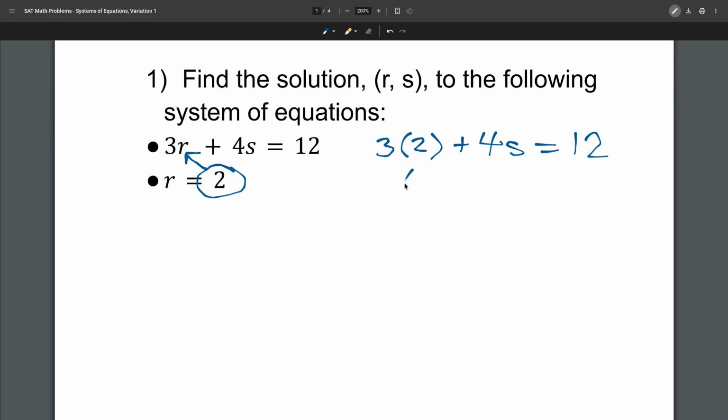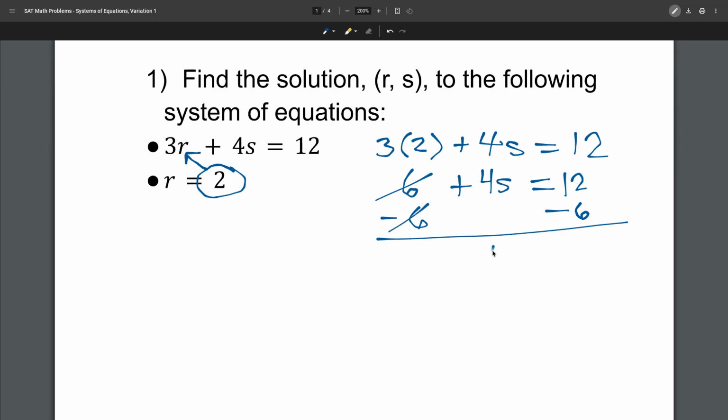So 3 times 2 is 6. So we have 6 plus 4s equals 12. We're then going to subtract 6 from both sides. These are going to cancel. We'll get 4s equals 6.